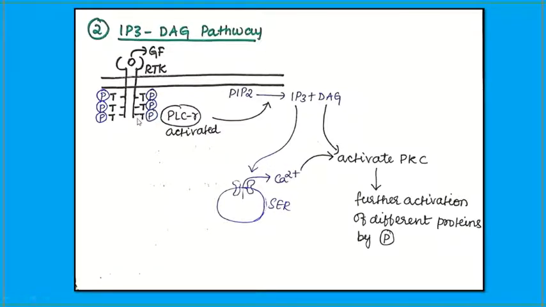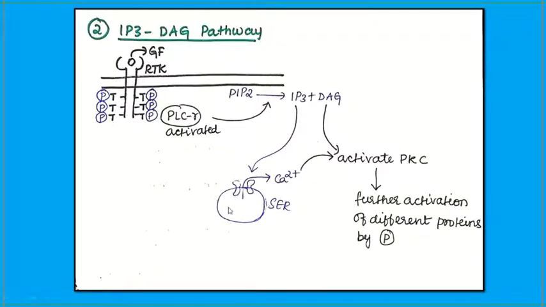The activated receptor will activate the enzyme phospholipase C gamma. From here, the pathway is the same as we studied in the G protein coupled receptors. This will catalyze the conversion of PIP2 into IP3 and DAG. DAG is membrane-bound, so it will be present in the membrane. IP3 will go to the smooth endoplasmic reticulum and open the calcium ion channels.